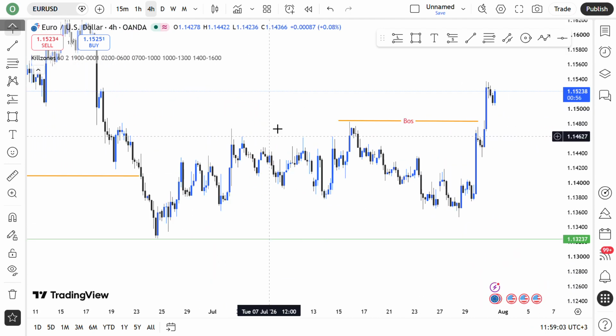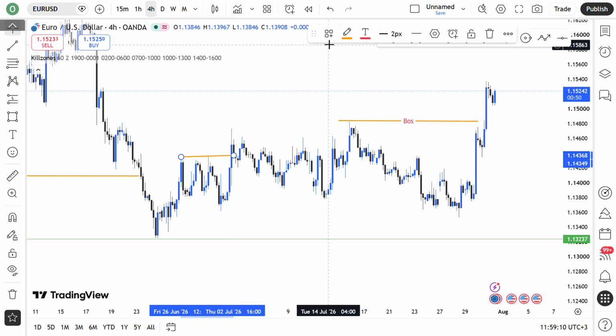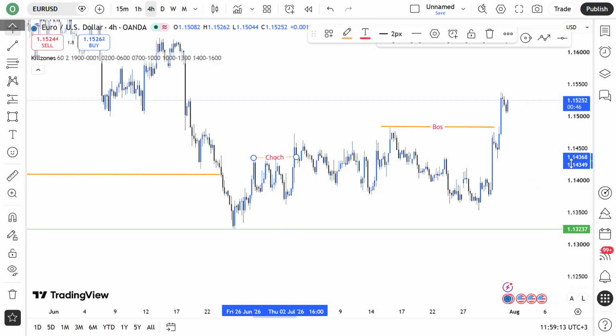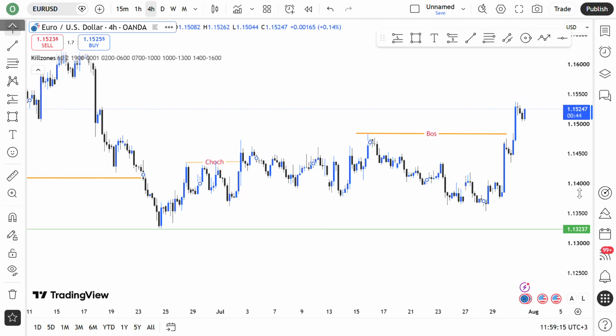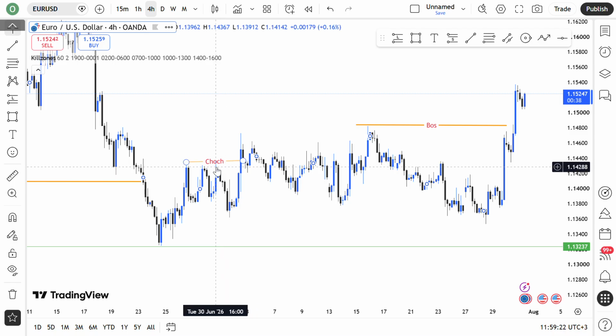We can see clearly we have this recent change of character, price shifting from a downtrend into an uptrend. So we are prepared to trade on this retracement, and now price giving this change of character is signifying to us that we can be ready to be bullish.